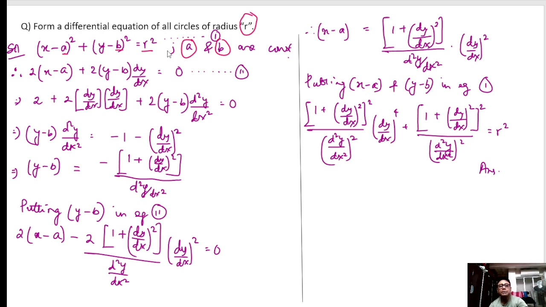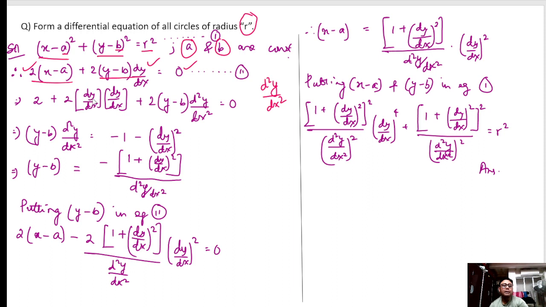That means we have to differentiate two constants, so we have to differentiate up to second order derivative. Differentiating this becomes 2x minus a, differentiating this becomes 2y minus b times dy by dx, and differentiating r gives 0. So from here what do we get now? Please watch here.